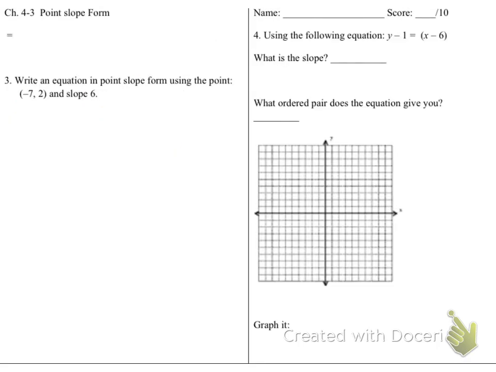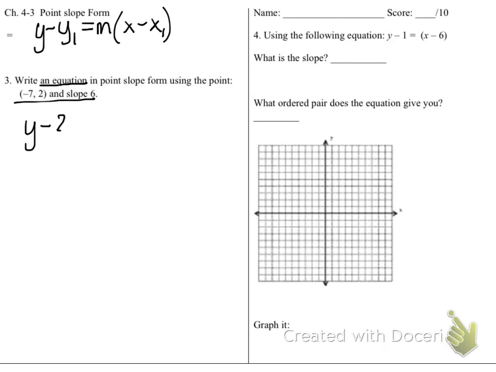Alright, moving on to the back of that quiz. Remember, point slope form is y minus y1 equals m times x minus x1. And if I need to write an equation in point slope form using this point, all I have to do is write the y, which is 2, equals the slope, which is 6, times x minus negative 7.